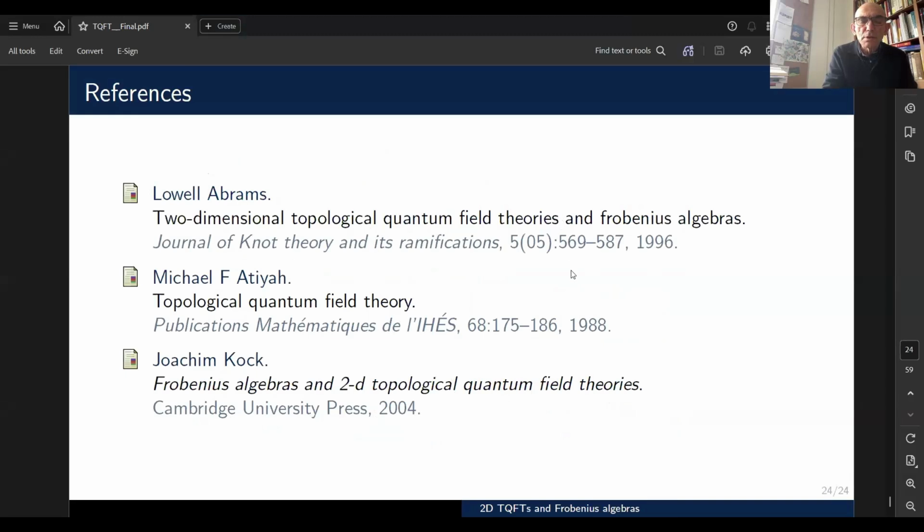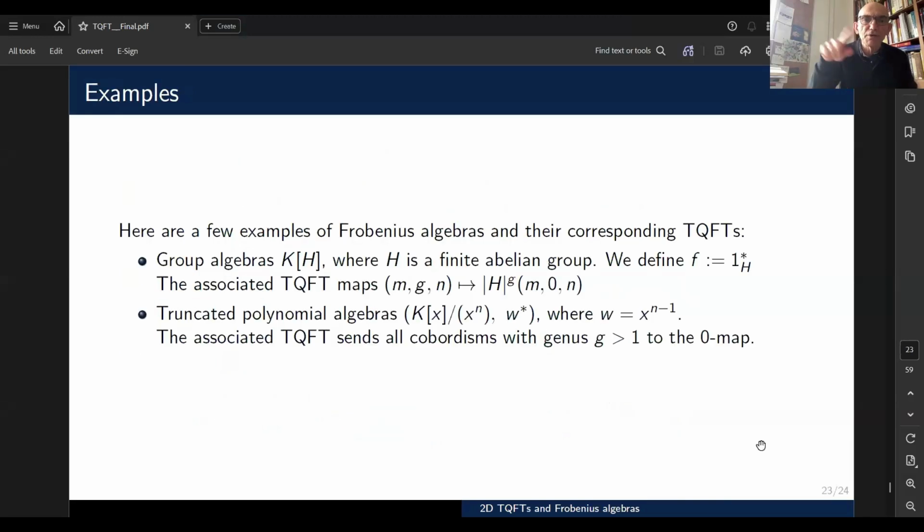So in the case when the Frobenius algebra is the group algebra of a finite group, as you mentioned, what do we attach to a circle then? Is it just the group itself? What vector space? Is it the group algebra?